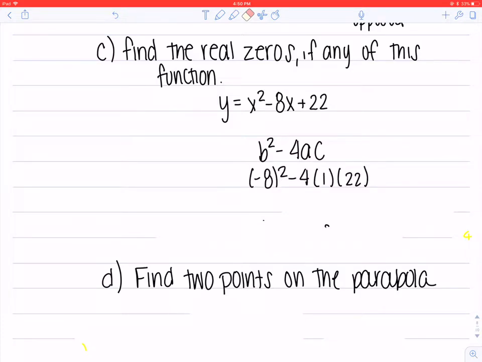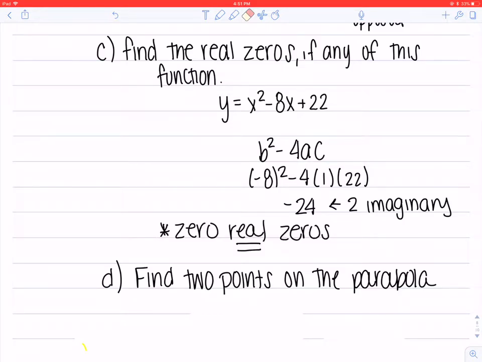I plug in, I put that in my calculator, and I get out negative 24. Negative 24 says that I have two imaginary solutions because the discriminant is negative. So I'm looking for how many real zeros there are, so I have 0 real zeros.